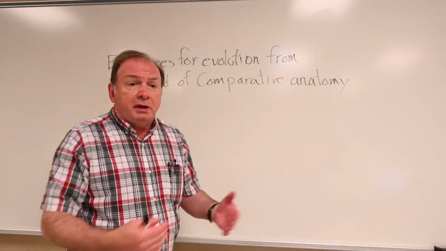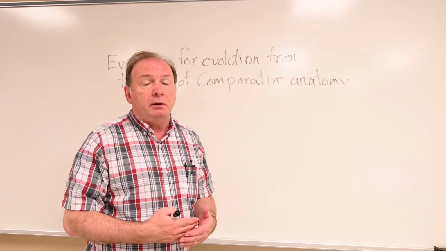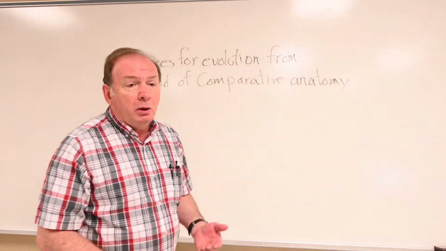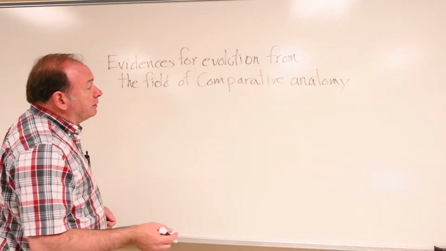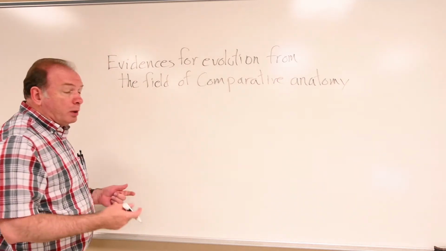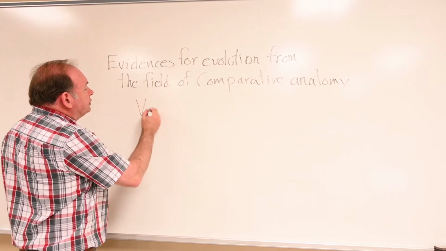Okay, our first evidence for evolution, for macroevolution from the field of comparative anatomy, was the existence of congruent characters in the anatomy of organisms. And our next idea is vestigial structures.